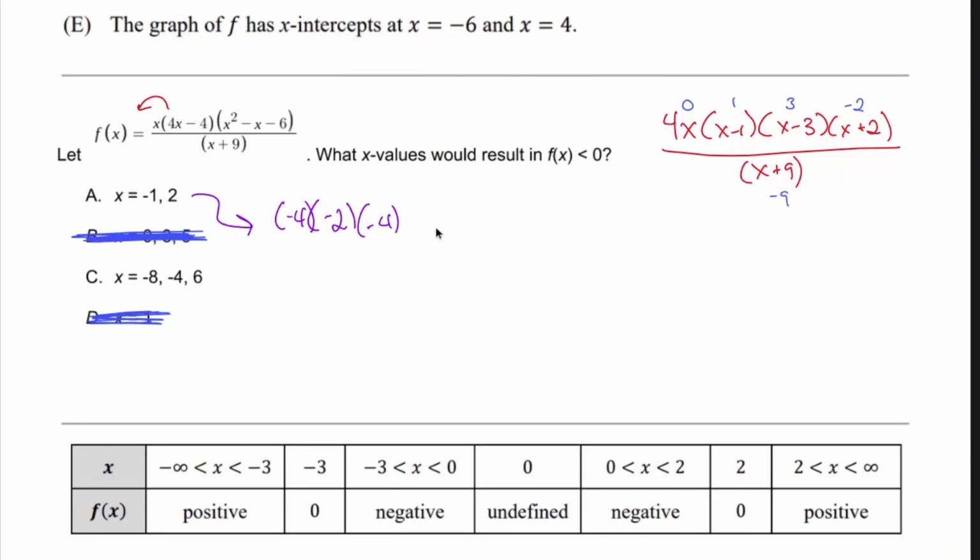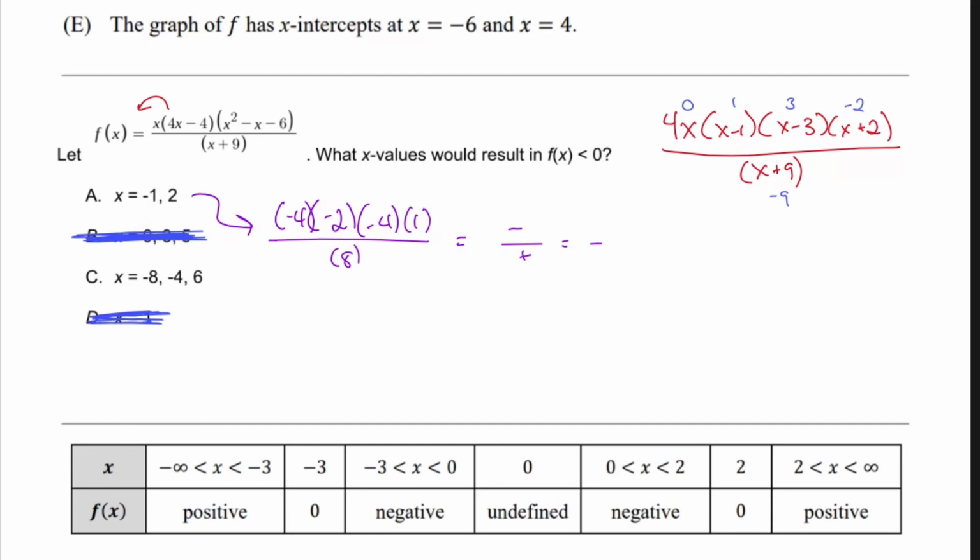And -1 plus 2 is 1. And that's going to be all over -1 plus 9, which is 8. Now, I do not care what the number is. I only care if it's negative. A negative times a negative times a negative times a positive is a negative. A negative divided by a positive is a negative. So -1 gets us a negative value.